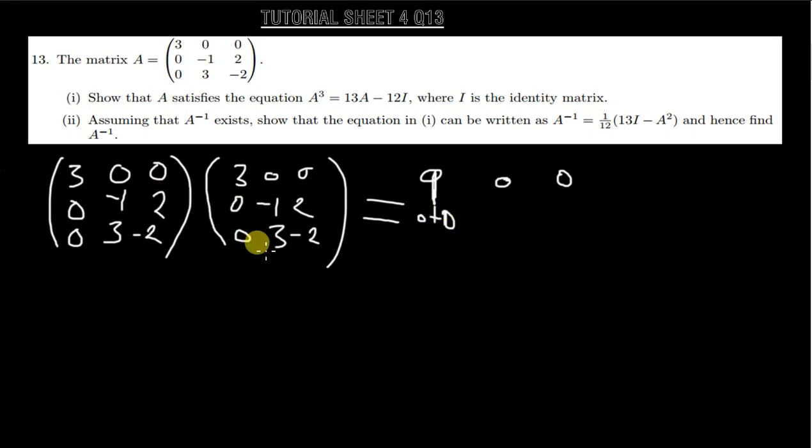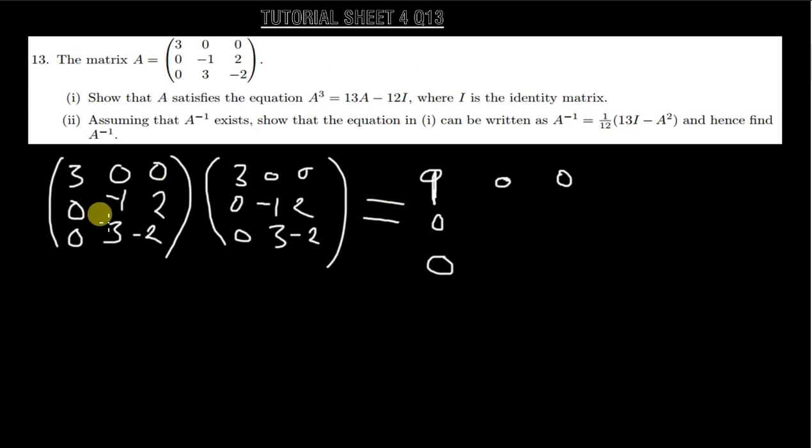Then this 2 times that 0, I'm still getting a 0 there, which is just the same as just writing a 0. So instead of me doing that, I'll just put a 0 there, and then I'll do the last row there. 0 times 3 will be 0. 3 times 0, 0. Negative 2 times 0, I'll still get a 0. So I'll put another 0 there.